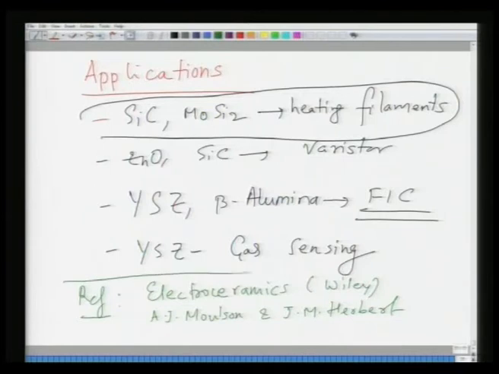This is a very nice book which narrates various applications of electroceramic materials. In this remaining lecture, we will discuss some of the applications which are pertinent to us, and then we will finish this module.